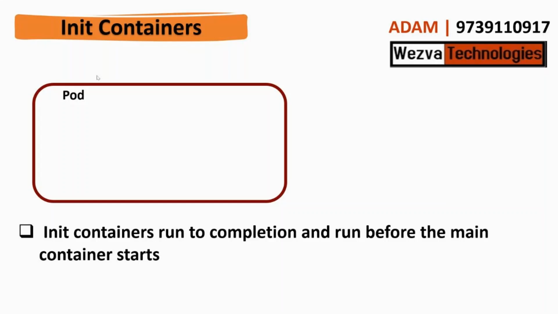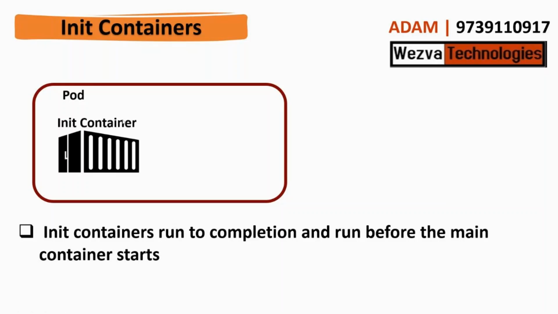So this is when Kubernetes has another special container called init container. So what you can do, if you define a certain task that you want to run inside the init container, then as soon as the pod gets created, the first thing it will do is create the init container, and it will run whatever tasks you have given.